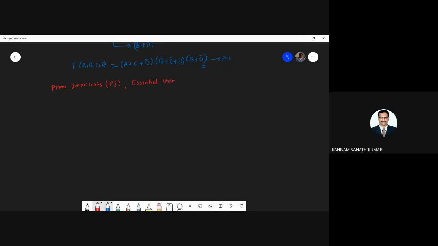So these are nothing but EPI. Okay, and next redundant prime implicants. So these are nothing but RPI. Okay, so we'll see about these one.